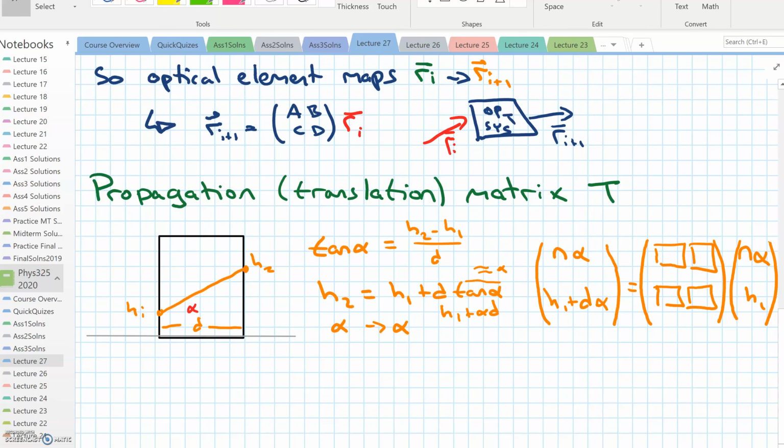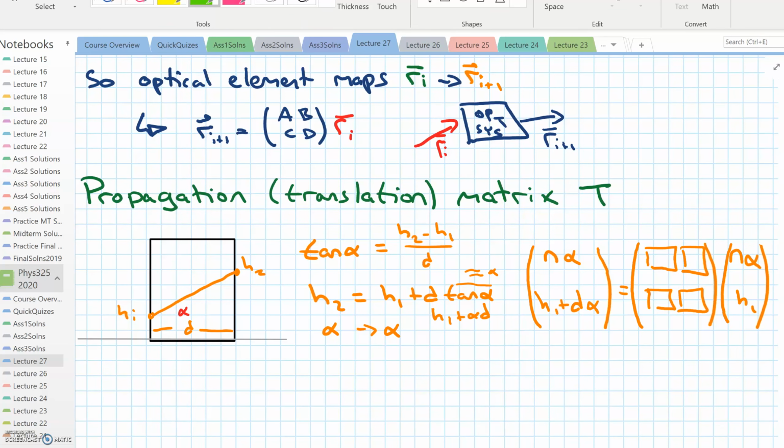So let's think about this. If we look at the way matrix multiplication works, the first element is multiplied by the first element of the vector. So T11 is multiplied by n alpha, and this is multiplied by that, and we add them together. We have n alpha times 1 plus h times 0 is really what we want. So this should be 1, and this should be a 0. Now, how about the second one?